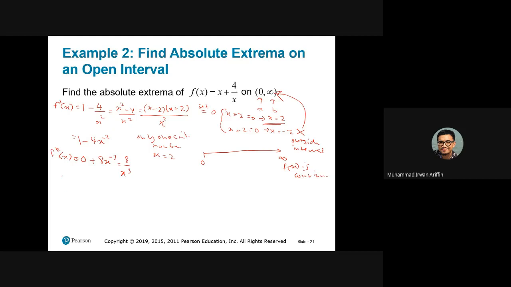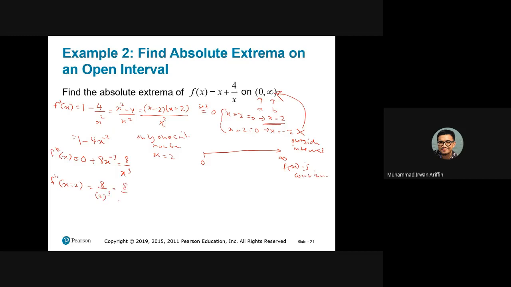We have to check the value of the second derivative. The first derivative has already been set to 0. So what is the value of the second derivative at this critical point? When x equals 2, we have 8 over 2 cubed. What is 2 cubed?